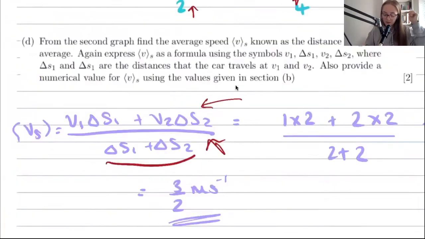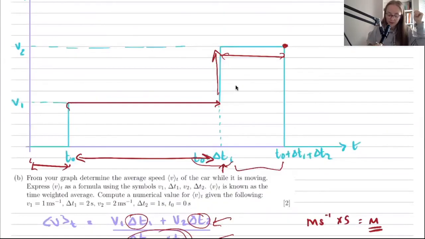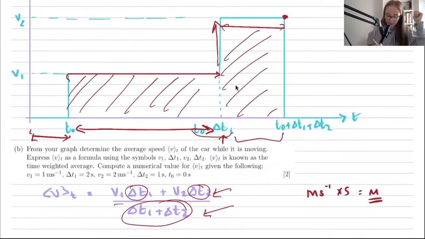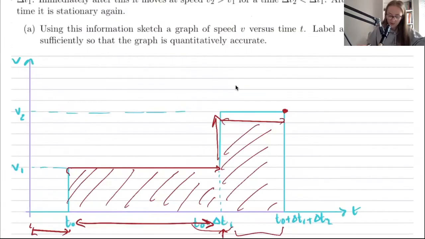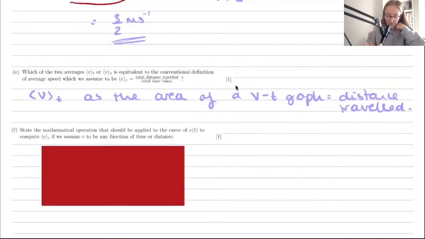And you could also think of that in the sense that what we did up here was we looked at the area of these when we multiplied the velocity with the time, or the change in time. We worked out the area of these, and the area of a velocity time graph, I'm sure you know, gives the distance traveled. So for this question, we can say that VT is the same as VC.